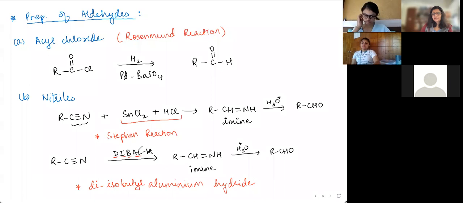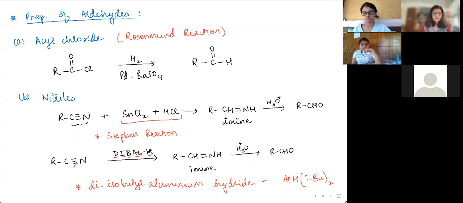Diisobutyl aluminium, Al, hydride is H. So you have aluminium hydride and two isobutyl groups attached to it. Isobutyl is shortened to IBu, taken twice. This is the formula. If you want to expand the structure, isobutyl is 4 carbon atoms, and this part is connected to the aluminium hydride part.